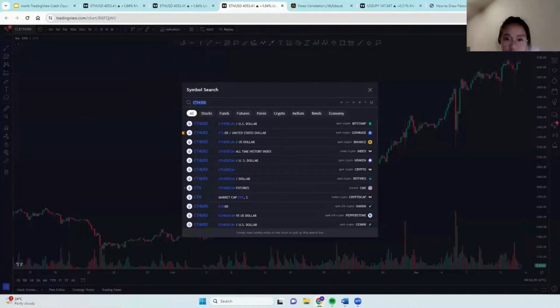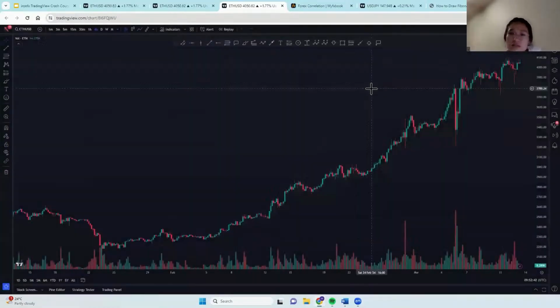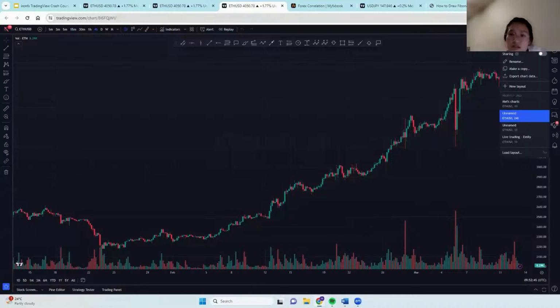Oh, you can't see? Wait, let me just take a look. Oh, no, it does. It's just this new layout button. That's all. Yeah, it's a really small arrow here. It says manage layouts.